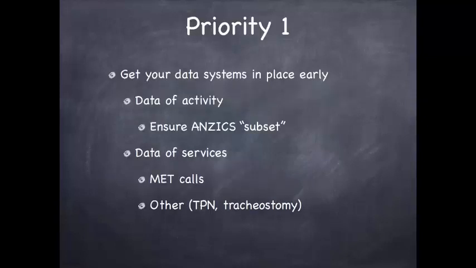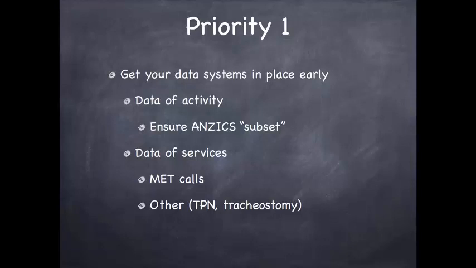So the first thing I think a director needs to do is to put in place systems to collect data. Without data, you're not going to really do very much. So the first thing is data with respect to activity. How are your patients going through the unit? What are the outcomes of those patients? And ensure that you submit your data to the ANZICS core data set.